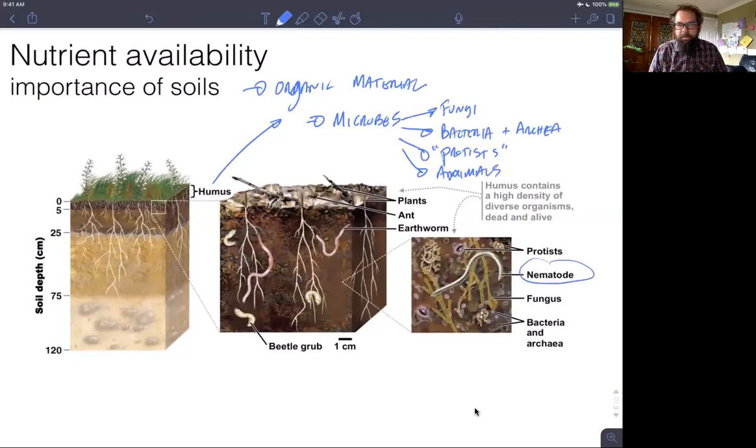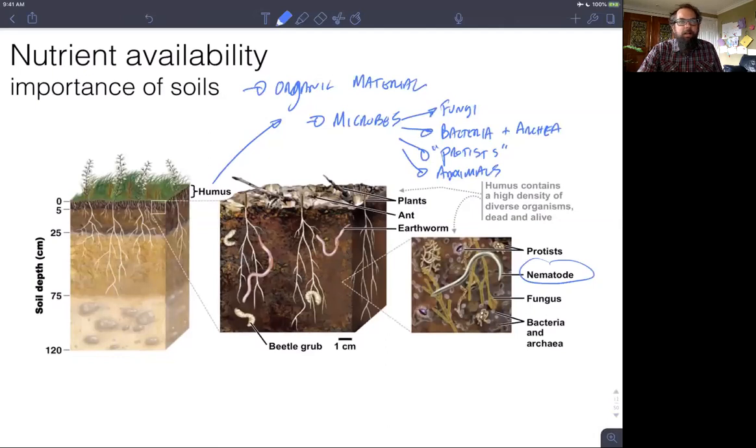All of these are contributing to the soil structure and the amount of nutrients that are in the soil. Mature soils are really a complex mixture of organic and inorganic components, and that soil composition really determines what species of plants are actually capable of growth in that particular environment.